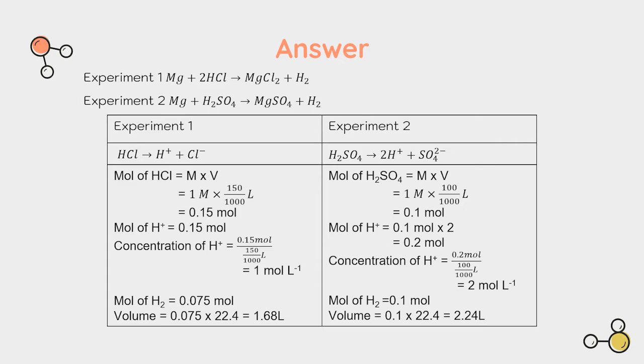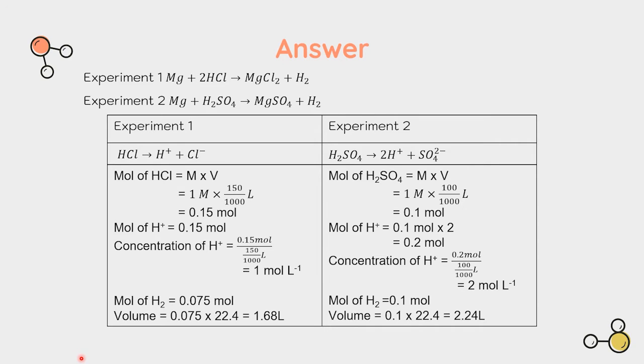So that means the mole of hydrogen ion is also 0.15 mole. Then we calculate its concentration, where we just divide the mole of hydrogen ions by the volume, which was 150 ml. But we convert it to liter first, so we divide by 1000, and we will end up with 1 mole per liter of hydrogen ions.